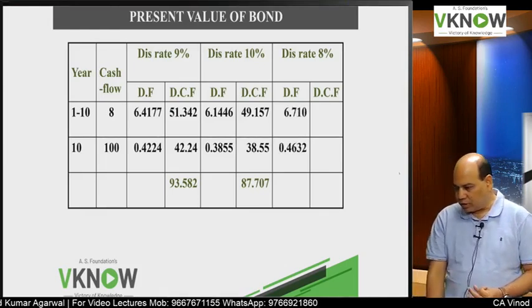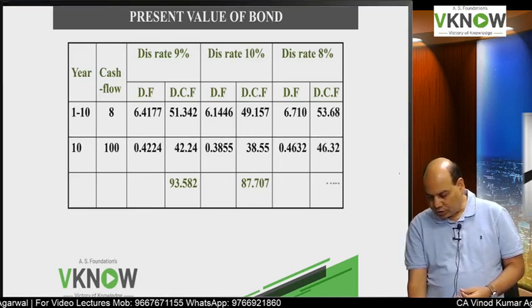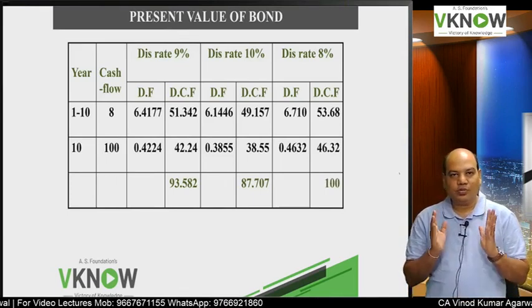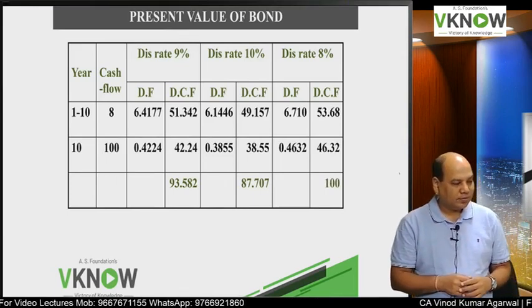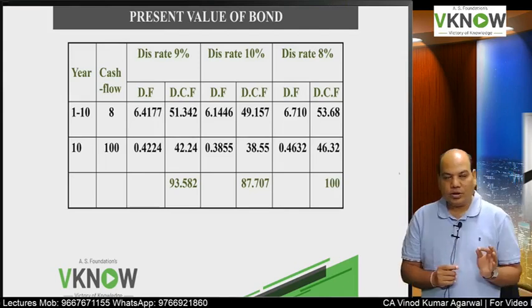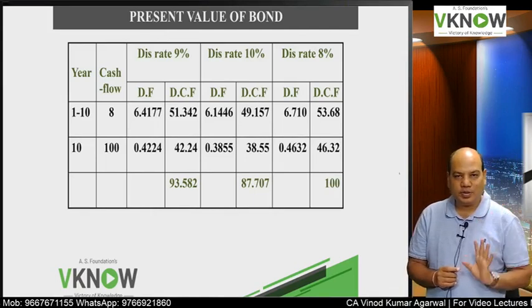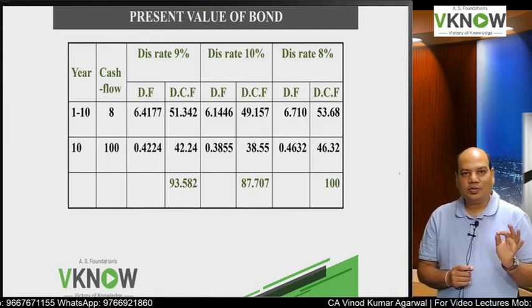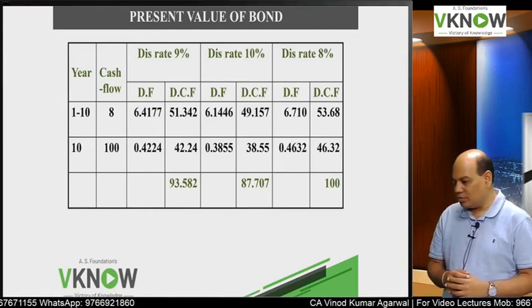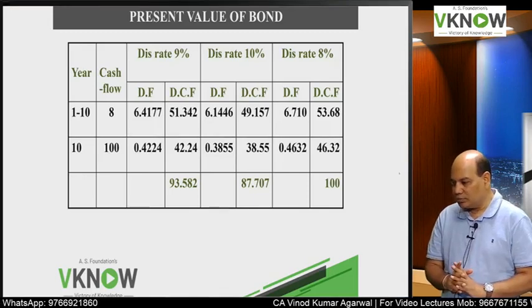First you write the factor, then take the total. It should come to 100 rupees. Why 100 rupees? Because the discount rate and the coupon rate both are 8%. So you will get the same answer, 100 rupees. Okay, so all of you got this answer 100 rupees, right?